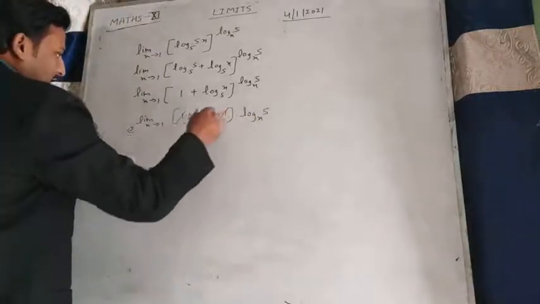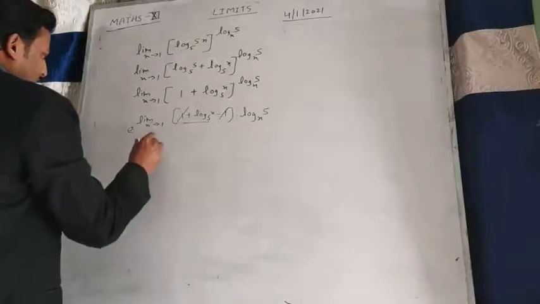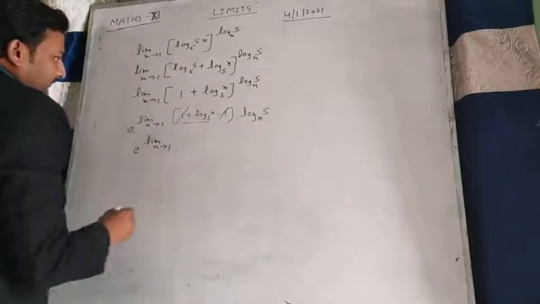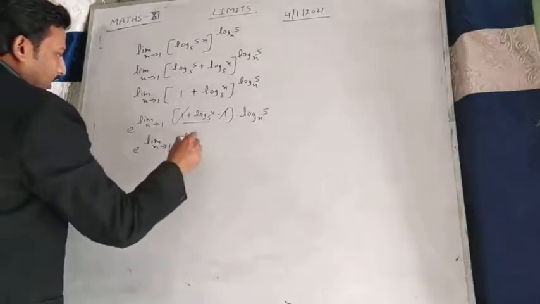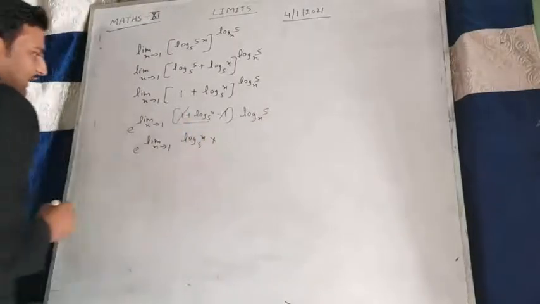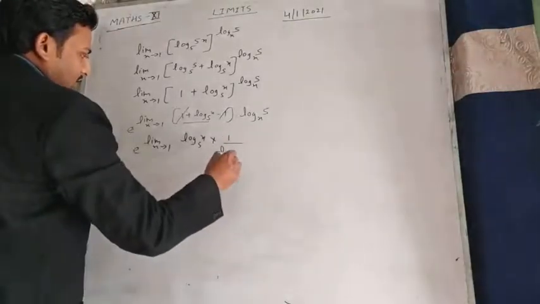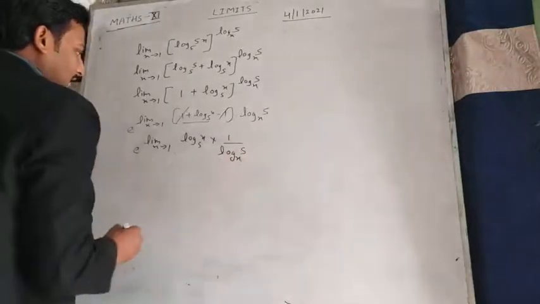We are saying that this part is cancelled, students. So e to the power limit x tends to 1, this is log x base 5 and this part we can write as 1 by log x base 5.